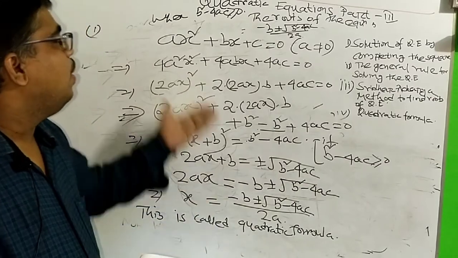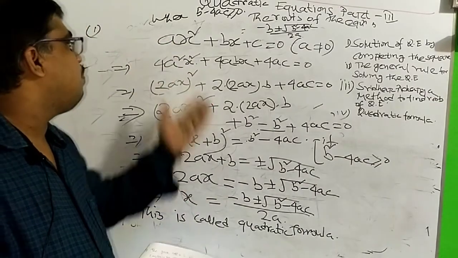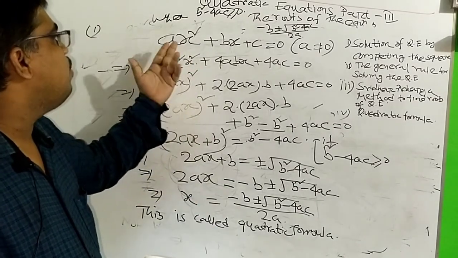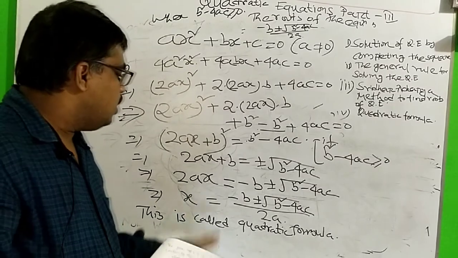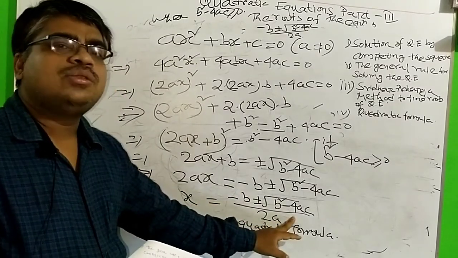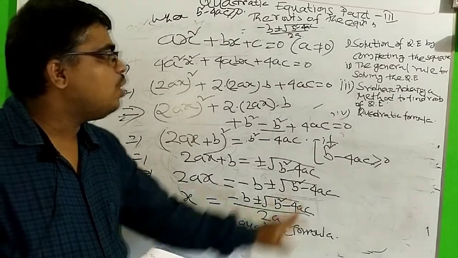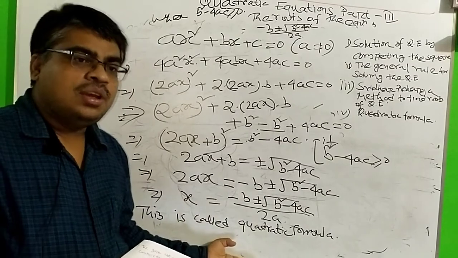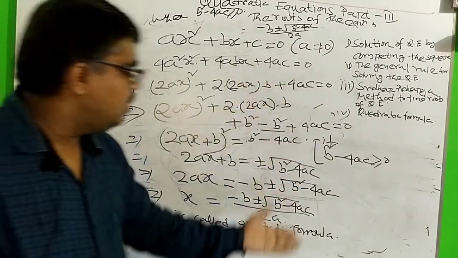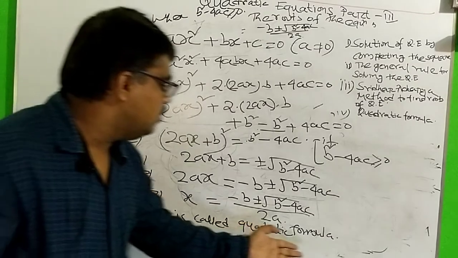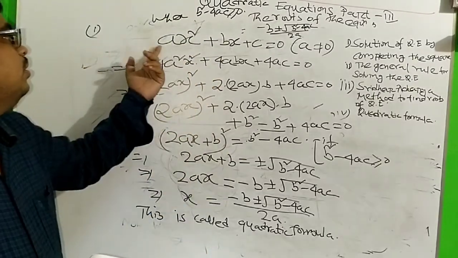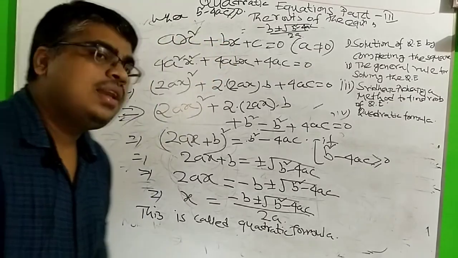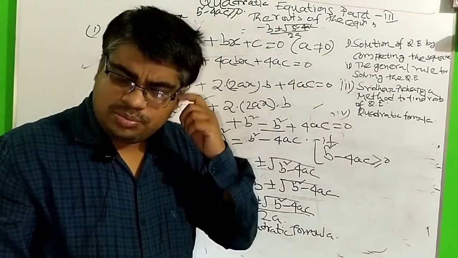When you have to solve a problem of the quadratic equation, you directly use this formula, which we call Sridhar Acharya's formula. We may use it directly to find the root of the equation ax square plus bx plus c is equal to 0.